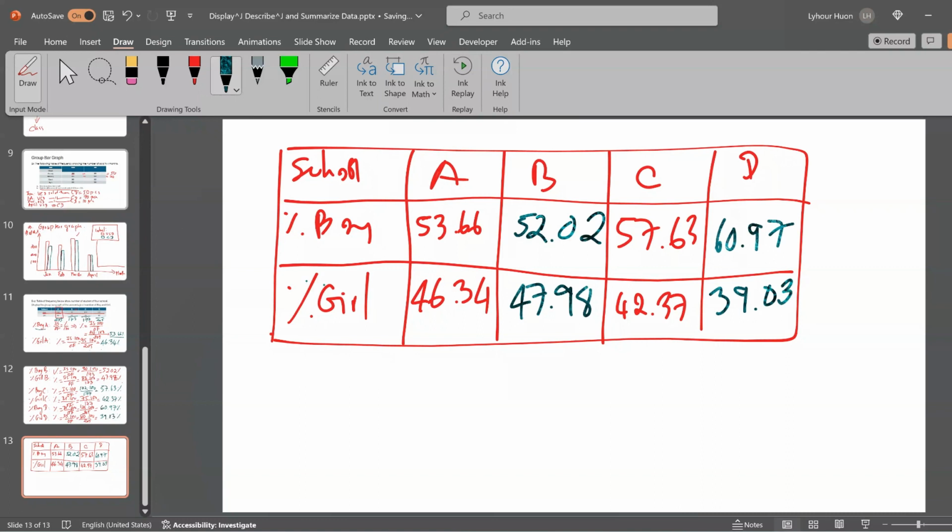Okay. Now we have these percentage results in one table of frequency.